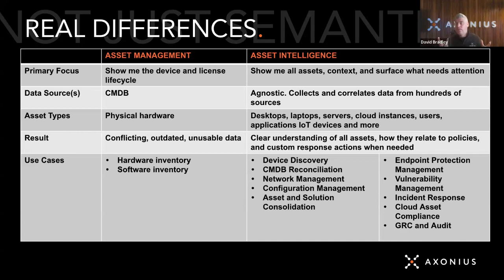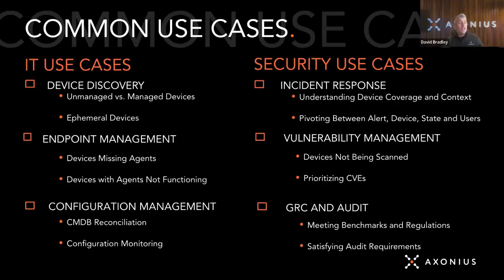It's really up to what's important for your organization. I list some of the popular ones here, like device discovery, CMDB reconciliation, network and configuration management, vulnerability management, incident response, and endpoint protection management. We'll talk about some of these during the demo. These are just fleshing out those use cases for IT teams and security teams to get a better understanding of where they're at with things.